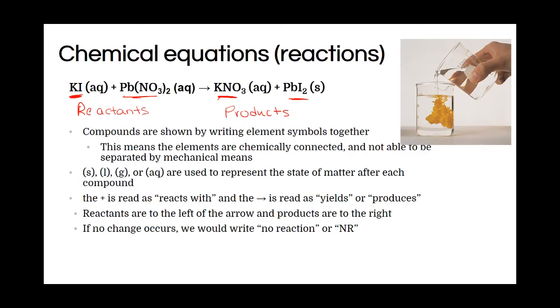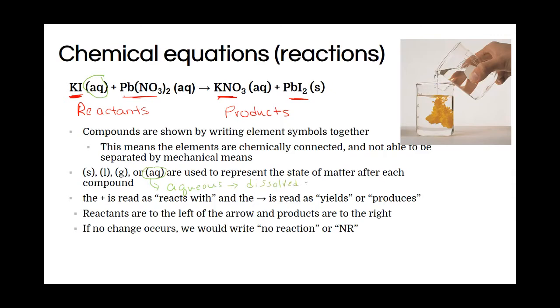And then these symbols, after each compound in our chemical equation, are indicating what state of matter is being used. Okay, so AQ is a very common one, and AQ means aqueous, which sounds kind of like aqua because aqueous means dissolved in water.